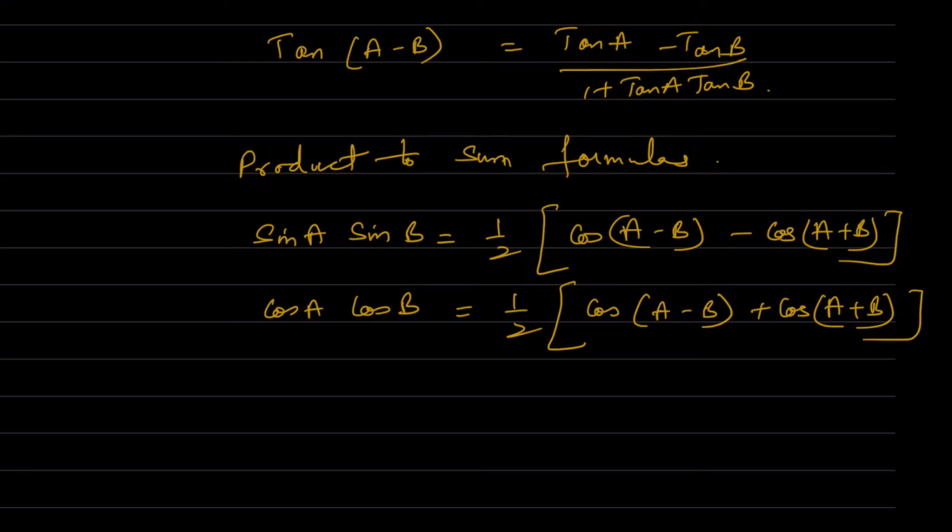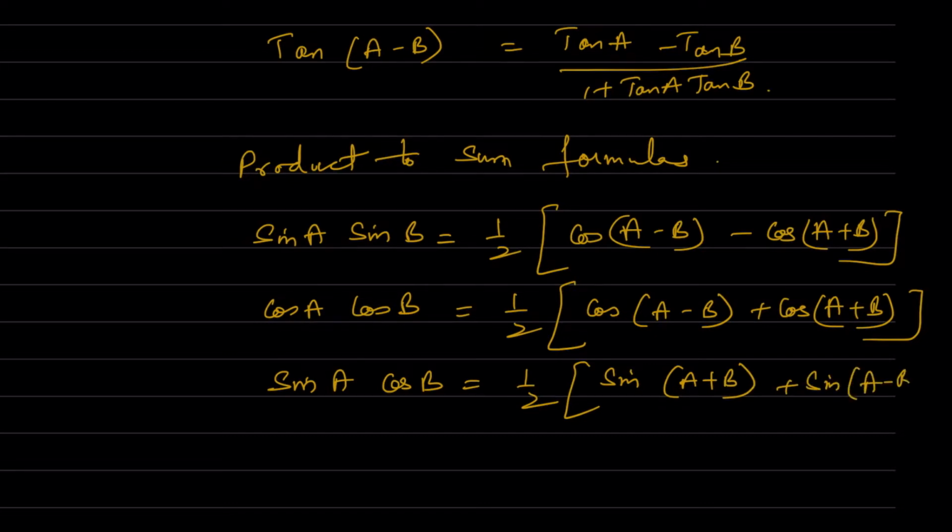So these are product to sum formulas. Then we have sin A cos B also, a combination of sin and cos. This is half of sin(A plus B) plus sin(A minus B).